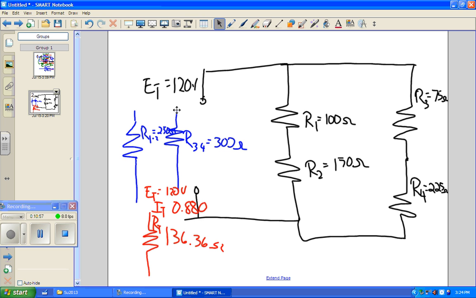So now we're going to go back, and I think everybody can see that this is a parallel branch. So we're going to take our voltage up here. Okay. So 120 volts divided by 250 ohms is what current?